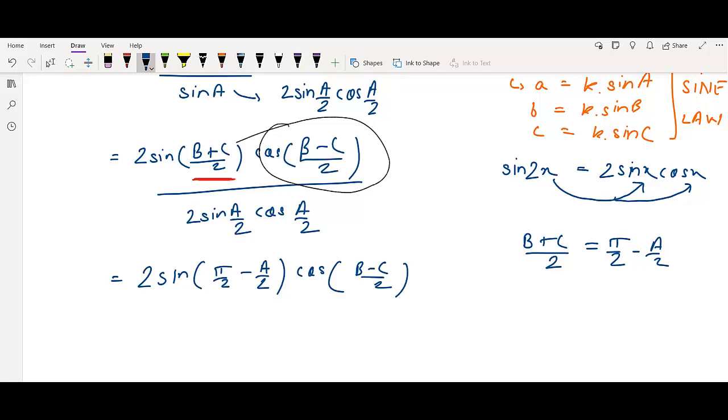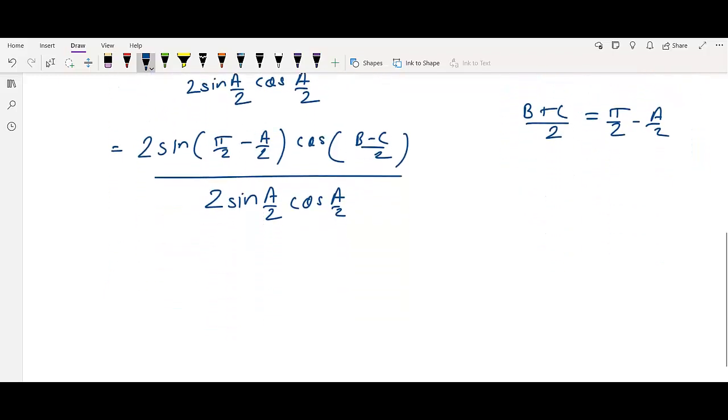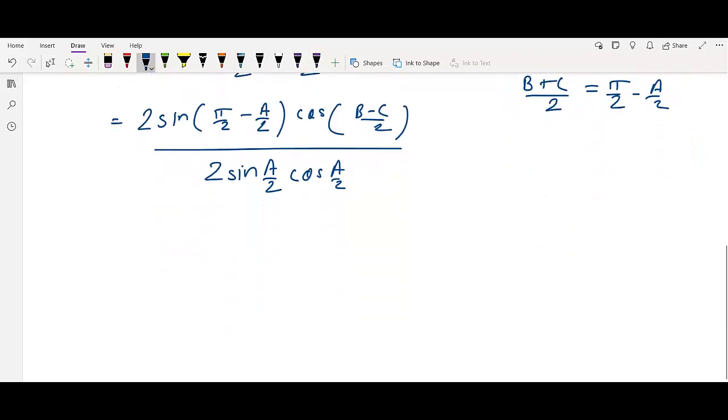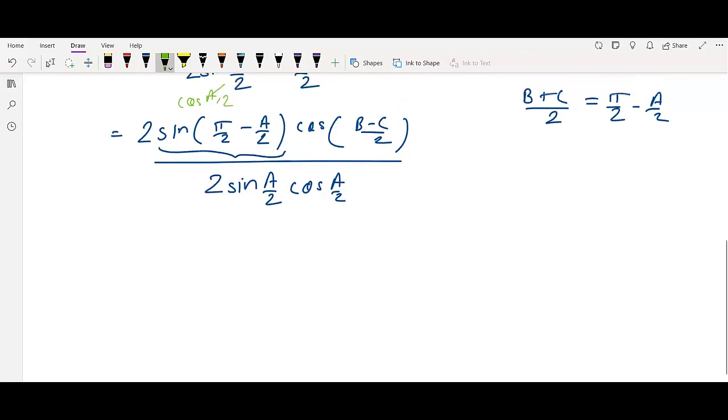And what is sine of pi by 2 minus x? That is cos x, right? So we are going to write that down in the next step, cos a by 2. So this whole thing becomes cos a by 2. This thing cancels out with this.